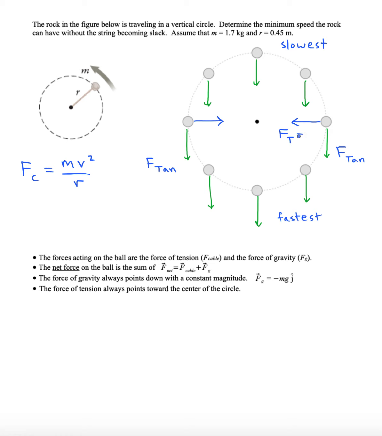And so at this time, the force of tension equals the centripetal force. Together, the centripetal force and the tangential force make up the net force on the object. Those are really important points in the path of the particle, because there we can clearly see the separation between the centripetal force and the tangential force.